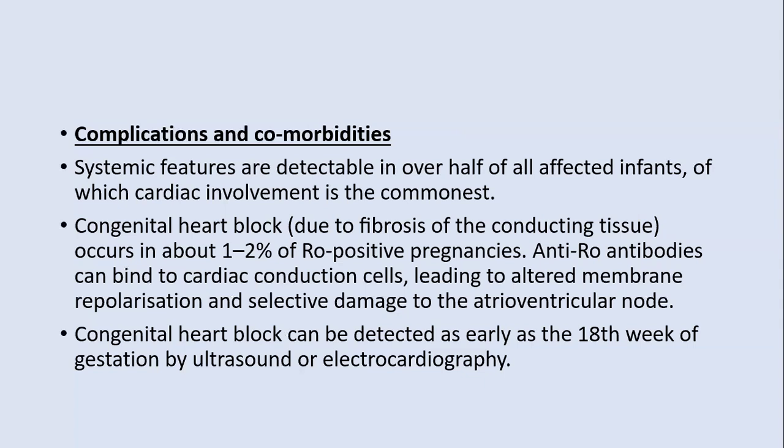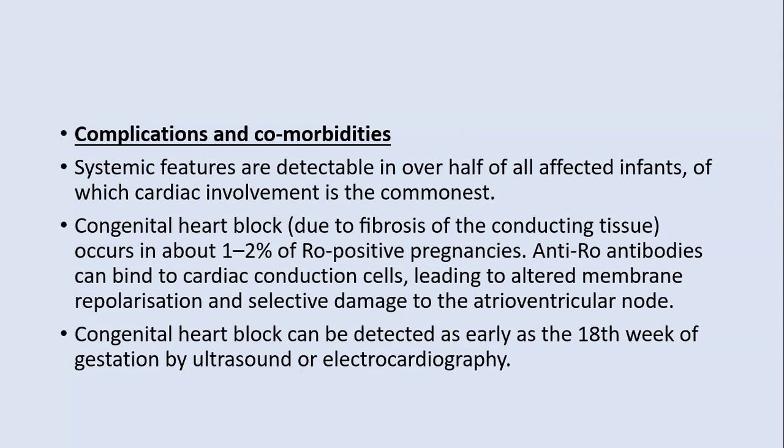Complications and comorbidity. Systemic features are detectable in over half of all infants, with cardiac involvement being the commonest. Congenital heart block due to fibrosis of the conducting tissue occurs in 1 to 2% of Ro positive pregnancies.